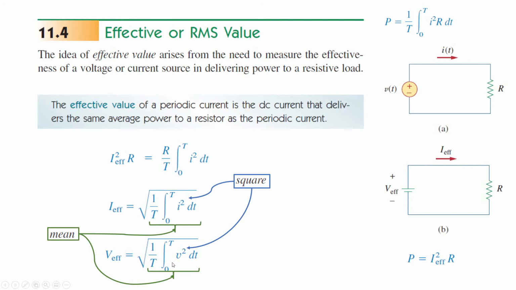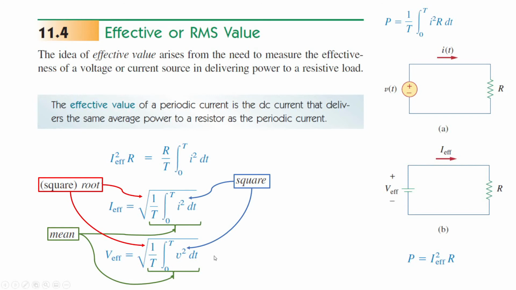So this is the mean square, and then we compute its square root. That means the effective value of current is nothing but the root mean square value of the AC current, and similarly the effective value of voltage is the root mean square value of the voltage.